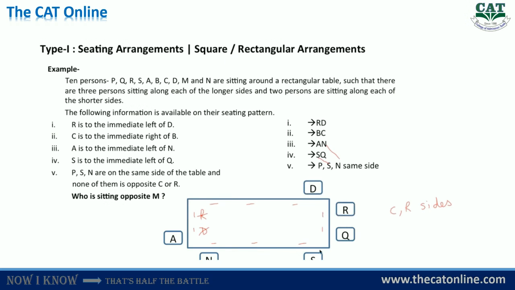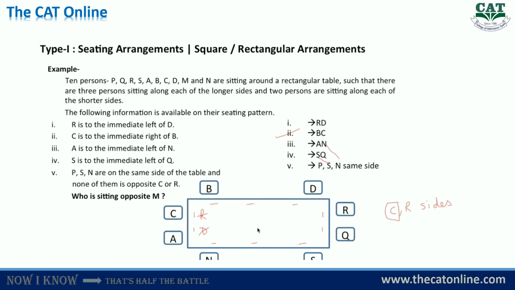So we have started plugging in a few pieces of information. We have used C, R, Q, and there is one place empty on a side, and that has to go to C. So if C comes over here, we can use the information given in option number 2, that C and B will come over here. It's a very simple question in case you do it systematically, step by step.